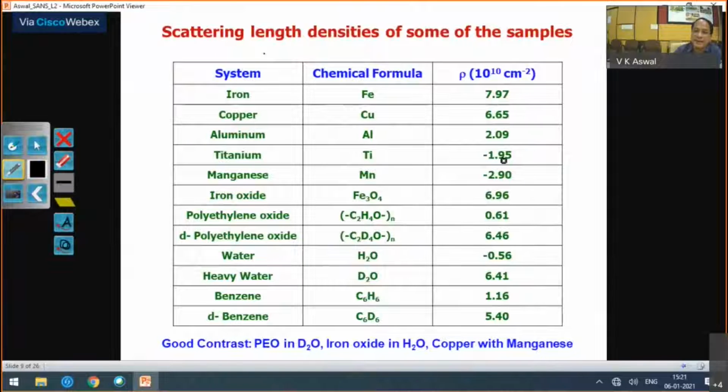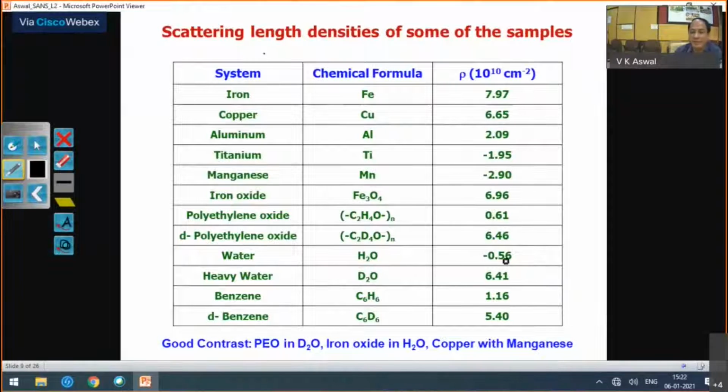But if you see these scattering length densities, let's say you want to see these particles dispersed in water or heavy water, D2O, then if I prepare iron oxide in D2O, they are very close, so it will not work. So to see iron oxide in water, you have to prepare this in H2O actually.